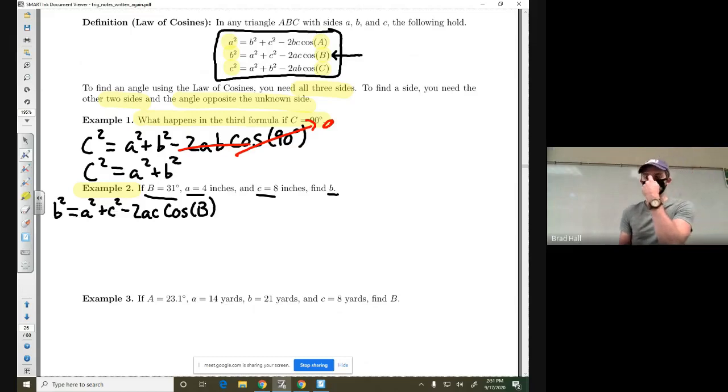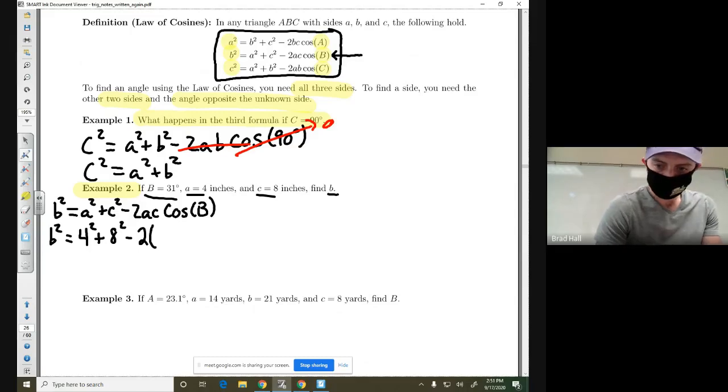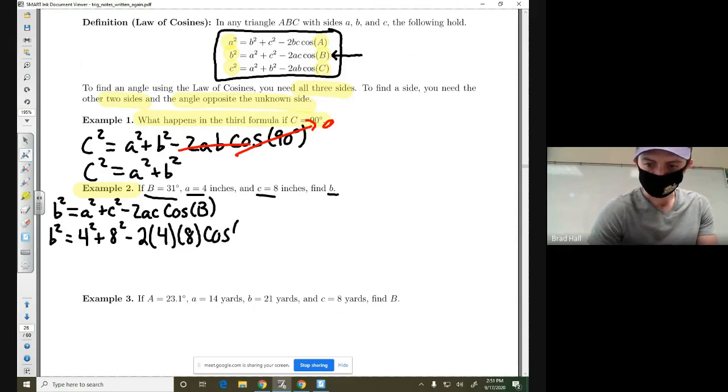We're going to use that middle one because it's the only one that utilizes a capital B. So we don't know what lowercase b is, but we know all the other ones. So that's 4 squared plus 8 squared minus 2 times 4 times 8 times cosine of 31 degrees.